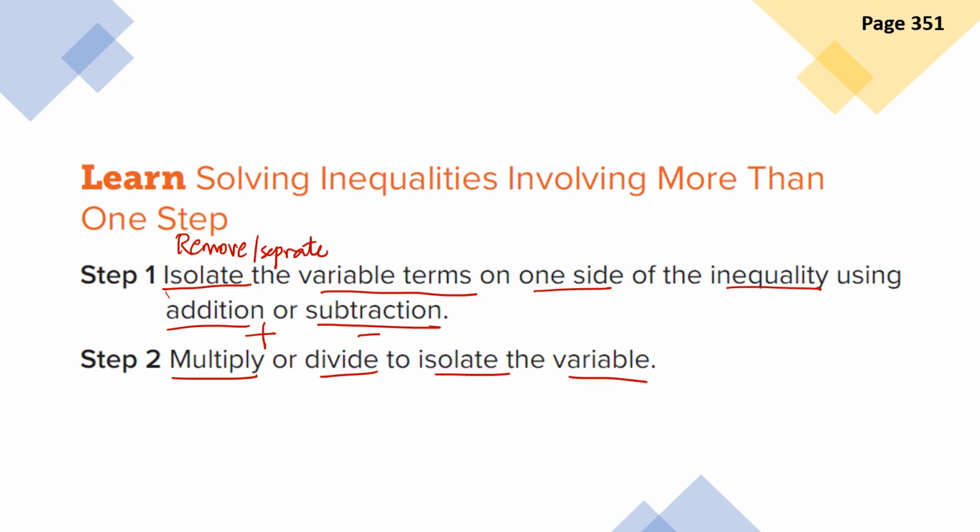So the variable x, y, z, w, u, whatever is the variable, you have to isolate the variable, and you can use addition, subtraction, multiplication or division to do so. These two steps will help you to solve inequalities. Having more than one step, let's see some examples.